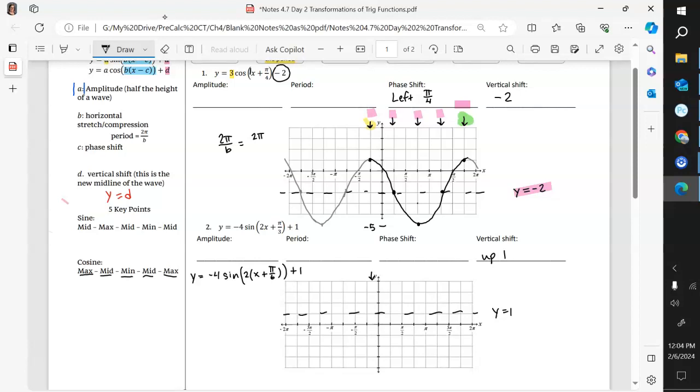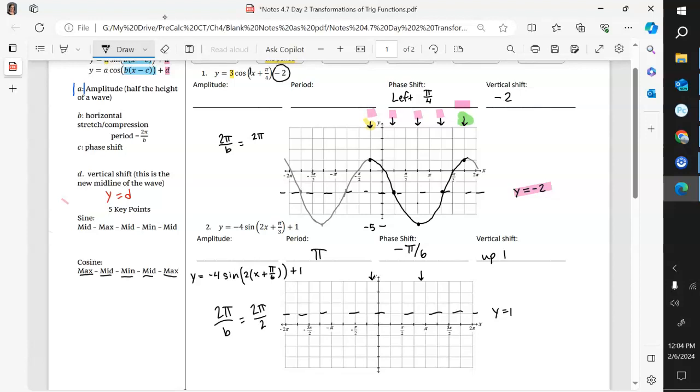It'd be smaller than pi over 4. And then my period is going to be 2 pi divided by b, which is 2 pi divided by 2. So my period is going to be pi. So I'm going to go 1 pi away from there. This would be pi over 2. Here would be 1 pi. And I'm pi over 6 short of that.